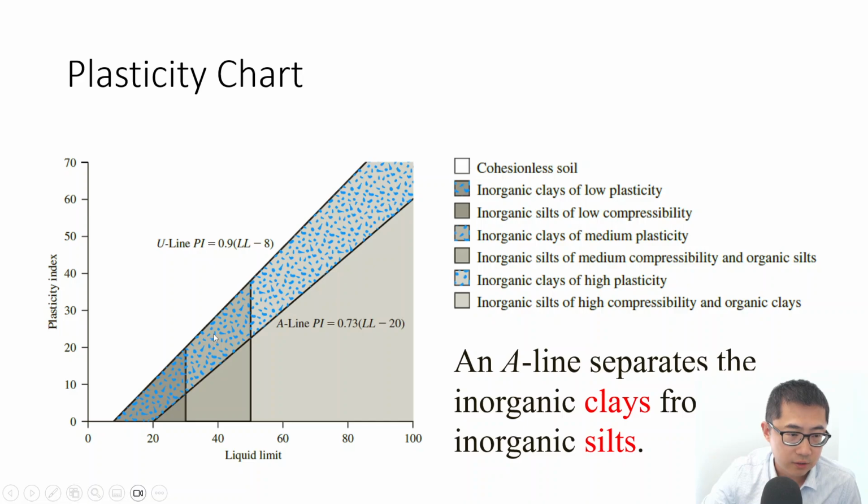Clearly, it falls into this region, clearly above the A line. So it's definitely going to be some sort of clay. And if you look at this legend, it's pretty hard to see, but it looks like it's some inorganic clays of medium plasticity, so falling into this zone over here.